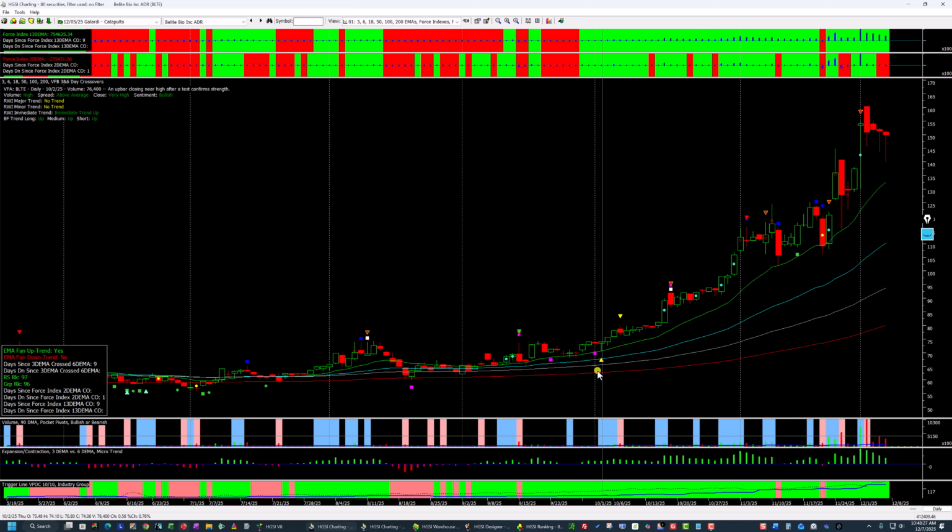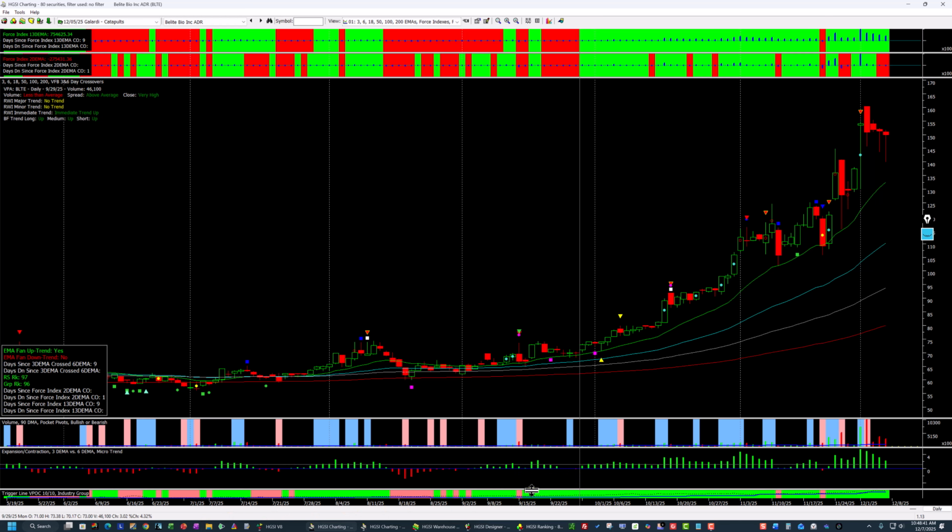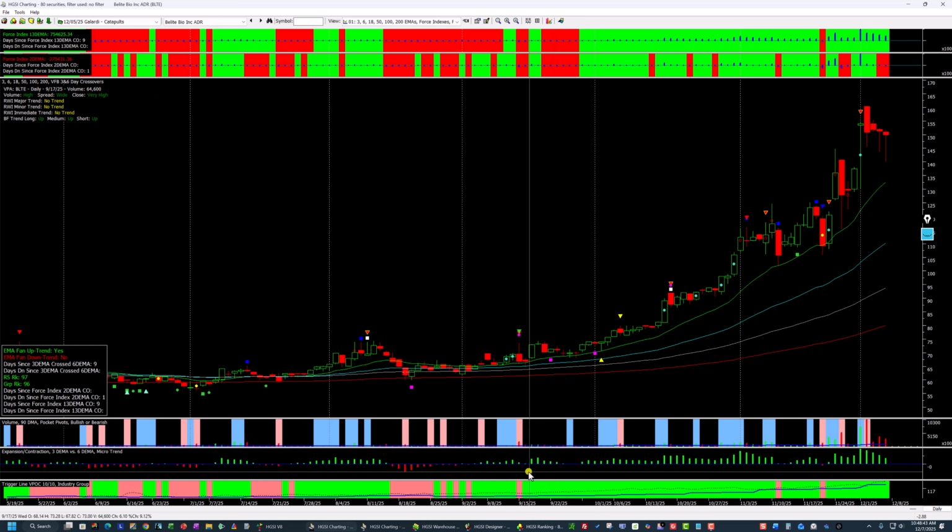The fan is starting to form already, and there are volume pocket pivot signals, and the force index, the 3 cross the 6 right here, and the force index has been green for quite some time down here. So all of these can be used together.